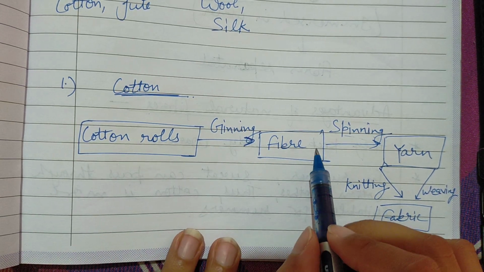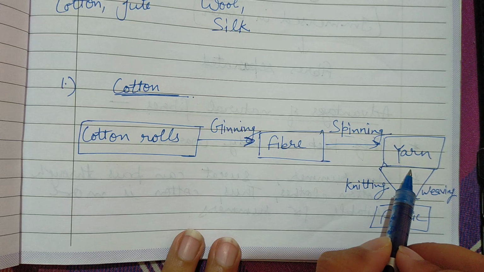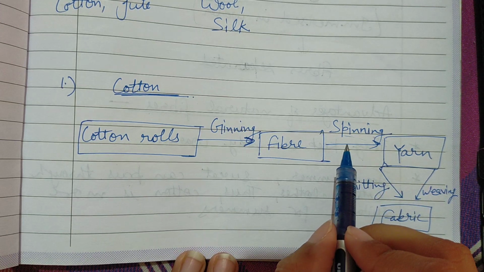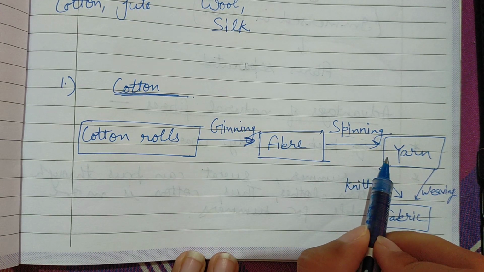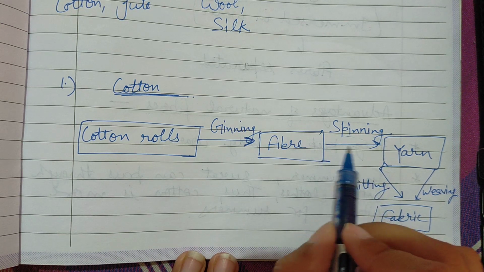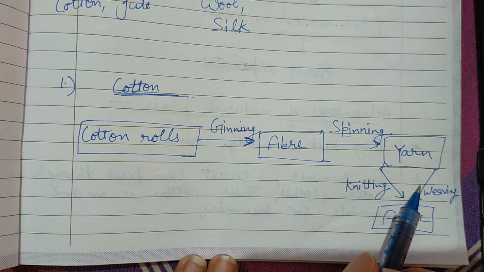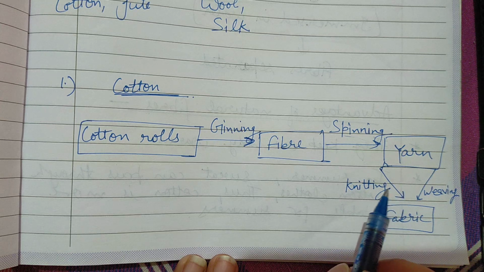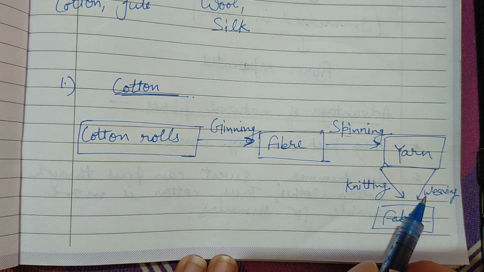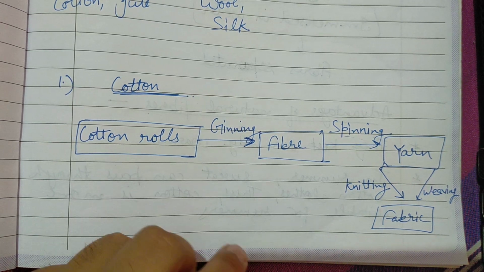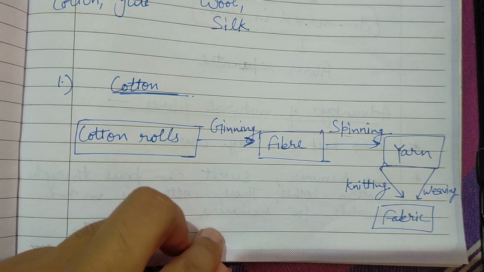Then that cotton fiber is converted into yarn, and that process of converting fiber into yarn is called spinning. Then after getting yarn, that yarn is knitted or weaved and we get cotton fabric. Understood? It is the similar process.